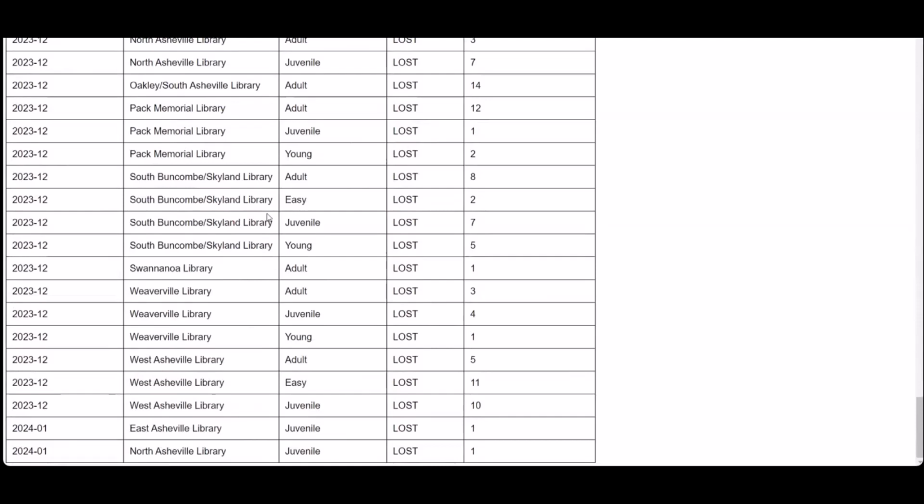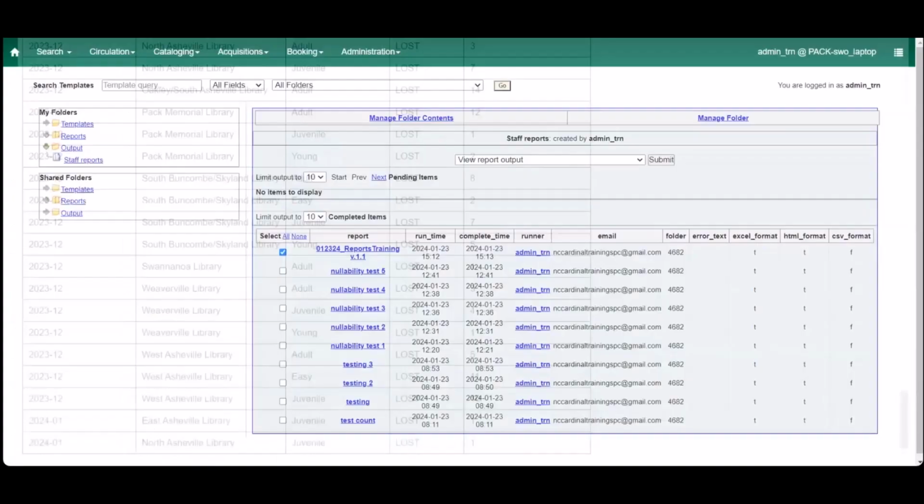So basically by doing a variety of things with transforms and operators, I was able to get this nice list of counts based on month, branch, grouping of shelving locations, and specifically items that were marked lost as the result of a circulation transaction, which was my goal.